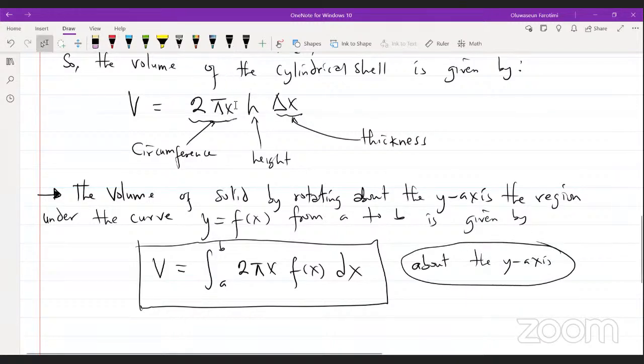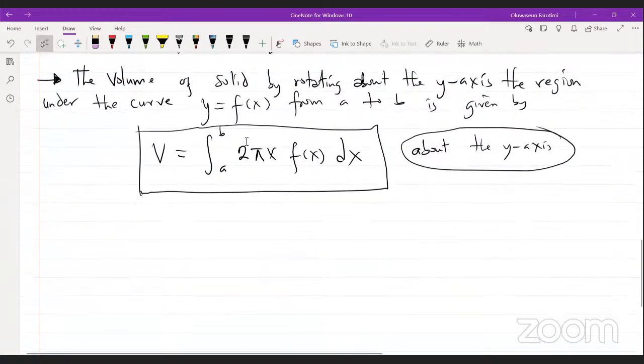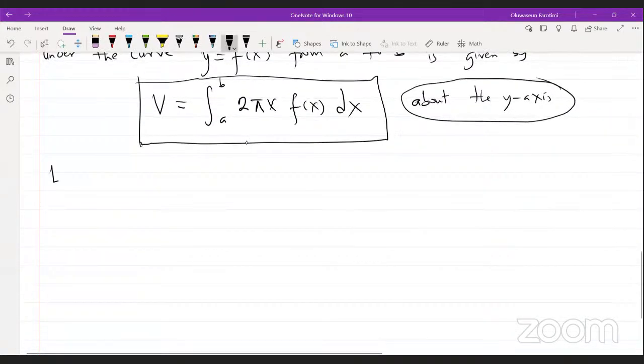All right, so let's look at an example, guys. Let's start with examples where everything is going to make sense now.